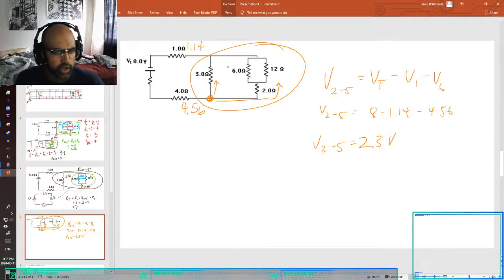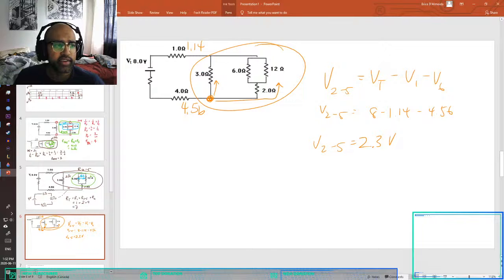I didn't. Did I make a mistake? 8 minus 1.14 minus 4.56, I'm getting 2.3. So the 2.3 is how much voltage is there for this section of the circuit. So we don't divide by 4. Even though there are 4 resistors, we don't know how much each gets.